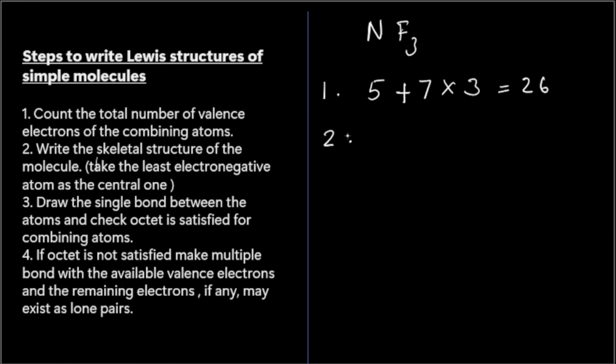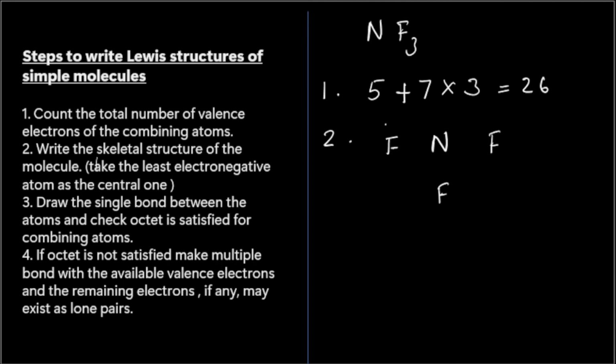Now the second step is to write the skeletal structure of the molecule. Please note one point: if there are more than 2 atoms, you have to take the least electronegative atom as the central atom and put other atoms in the terminal positions. So here nitrogen is less electronegative than fluorine, so nitrogen should be the central one and you put the fluorine atoms in the terminal positions.